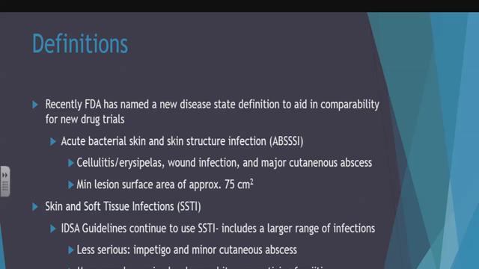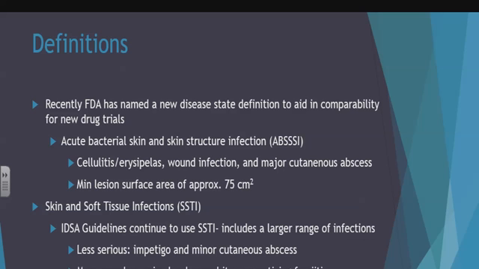And this was done really to try and make the trials for different new antibiotics a little bit easier to interpret, because they were seeing trials on different antibiotics for skin infections using a lot of different patient populations, and so they were not very comparable from one trial to another. So they sought to make that population a little more defined, very specific.